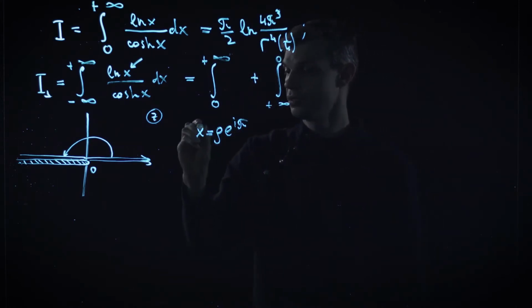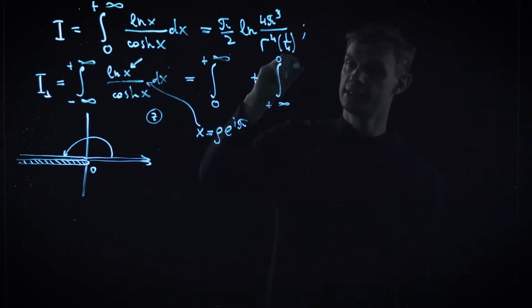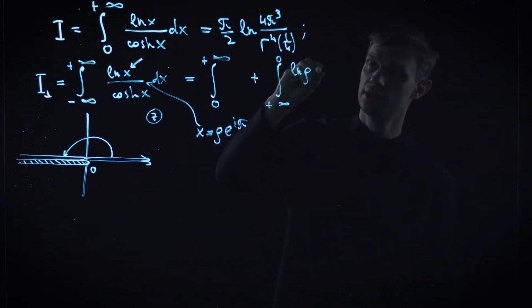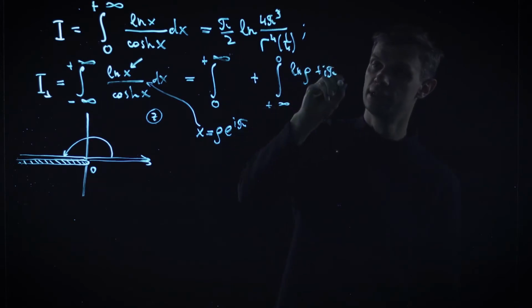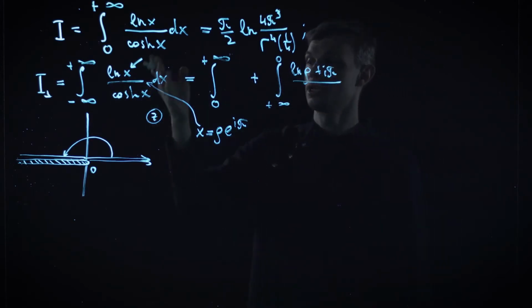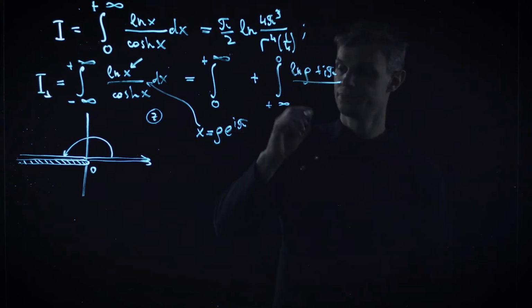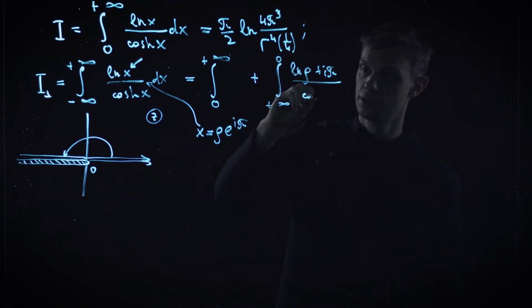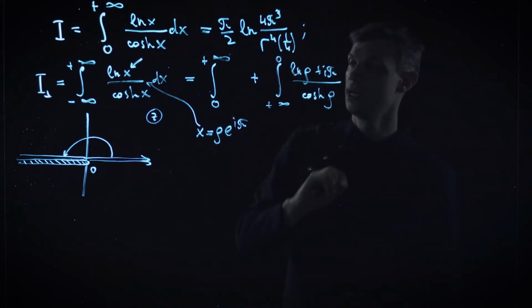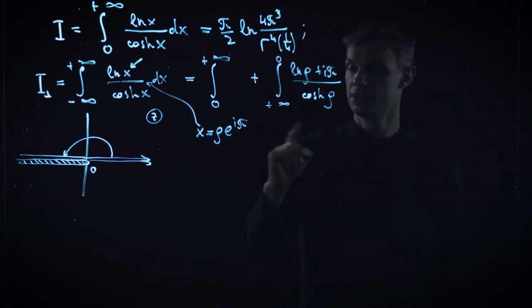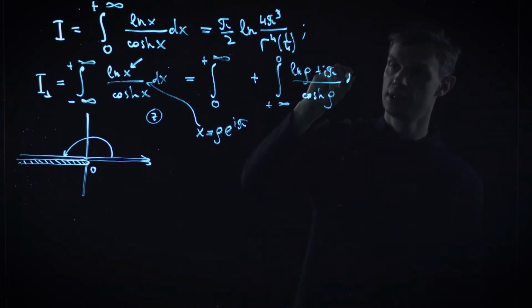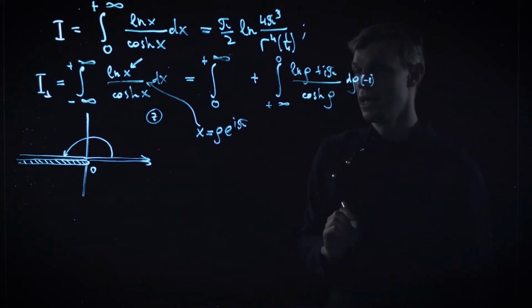And we plug in this decomposition into our original integral and get logarithm of rho plus I pi. The cosh is an even function, so here we just have cosh of rho again. And dx is turned into d rho with a minus sign.